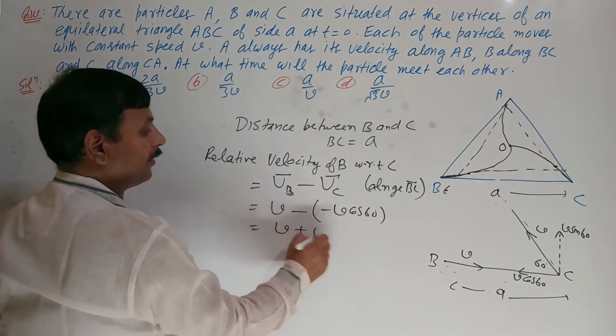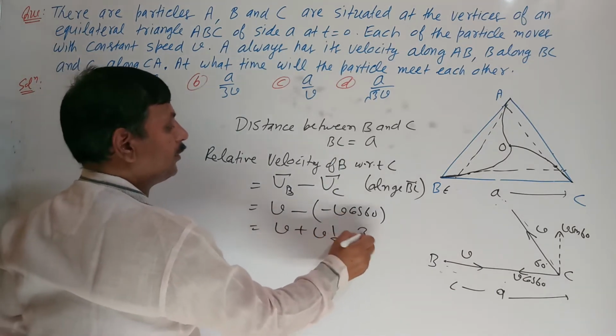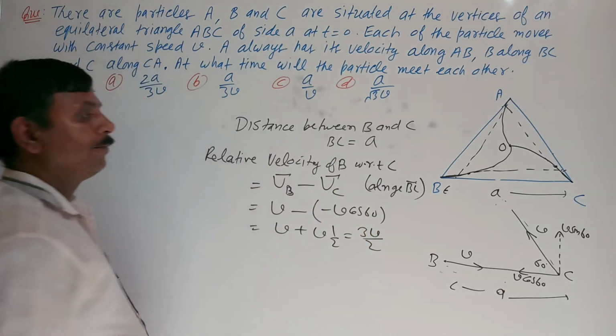So v plus v cos 60, which is v by 2, so that will be 3v upon 2.